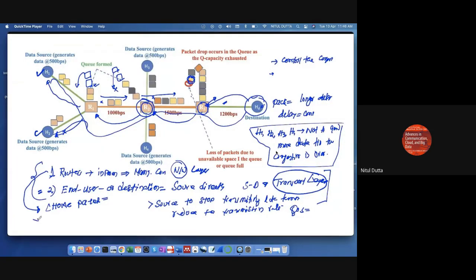And in the transport layer, TCP, Transmission Control Protocol, uses the concept of congestion window to handle such congestion in the network.